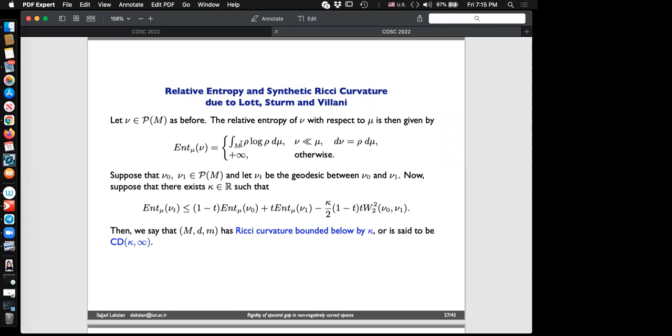Entropy in this sense, some people put a negative here. Some people call this the Kullback-Leibler entropy. Some put a negative sign here, then that would be concavity of that entropy. Depending on what sign you put here, this convexity-concavity statement would change from one to the other.